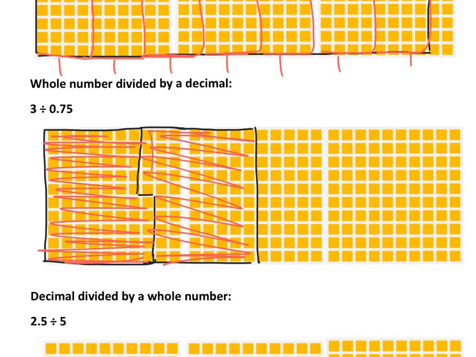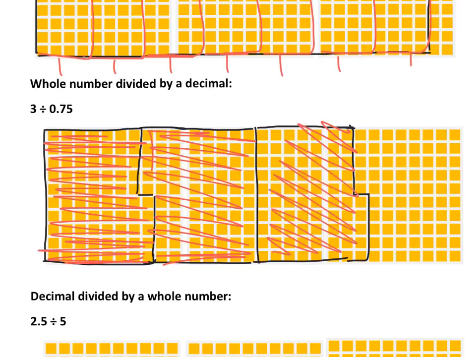And then I have 50 squares here, another 25 squares. That's 75 hundredths.